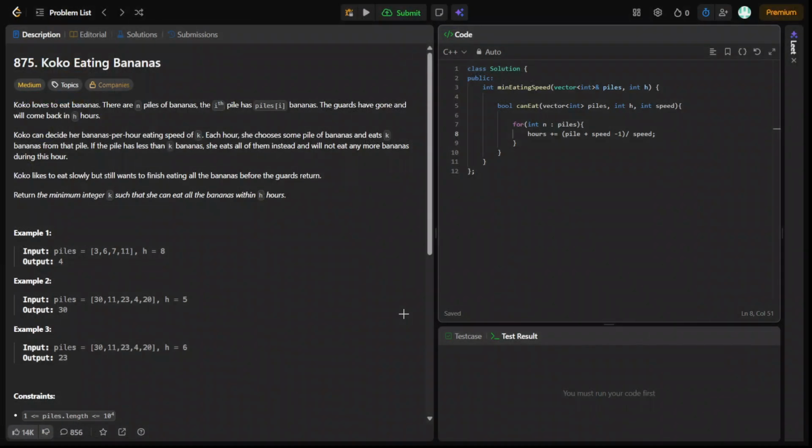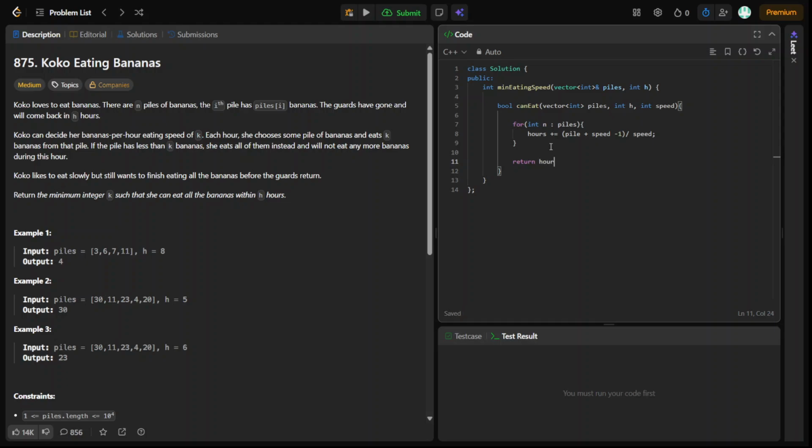Now if we go back to LeetCode, that's why we are using this formula. And after this helper function is done, what we need is true or false for that, right?